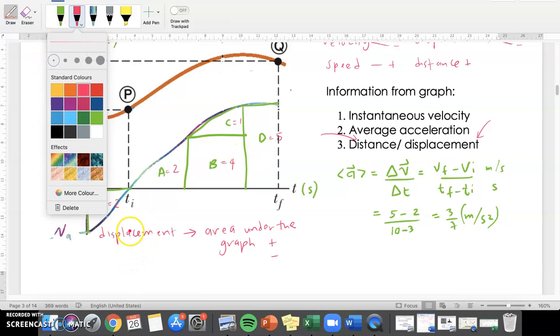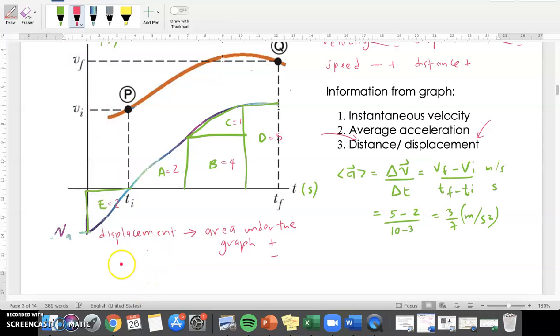So how do I find the displacement for this question?